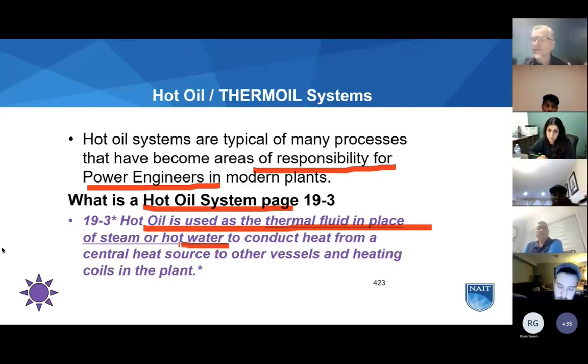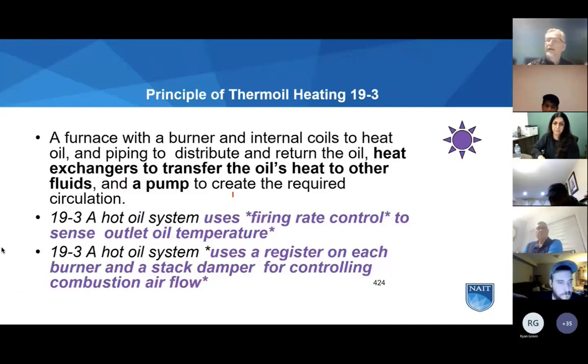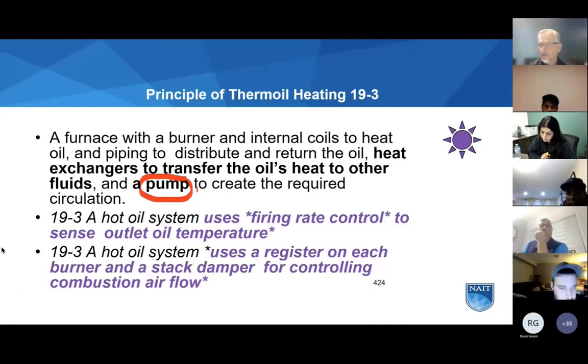So instead of having steam or hot water to send heat out from a central heat source to other vessels or heating coils, we're going to use hot oil. We'll heat it up with a furnace with a burner and coils to heat the oil, piping to distribute and return the oil, heat exchangers to transfer the heat, and pumps to send the oil out there and bring it back.